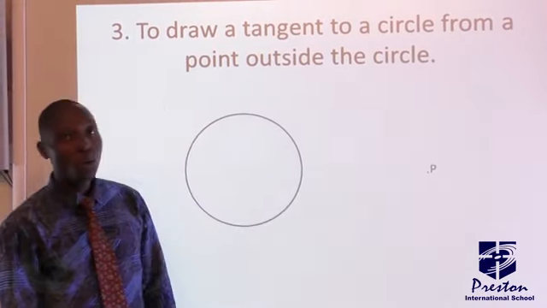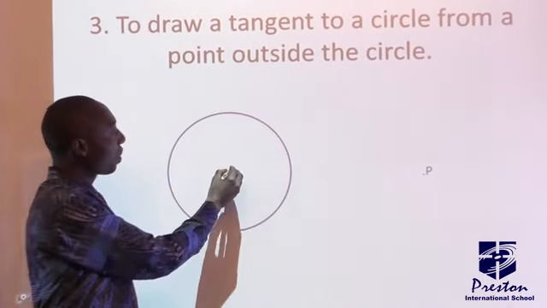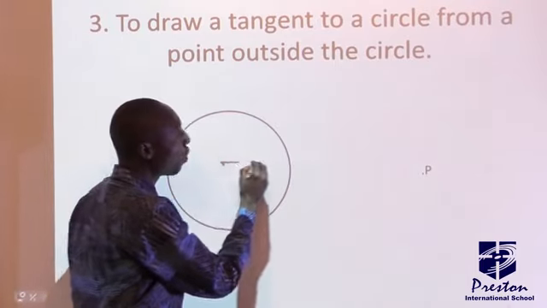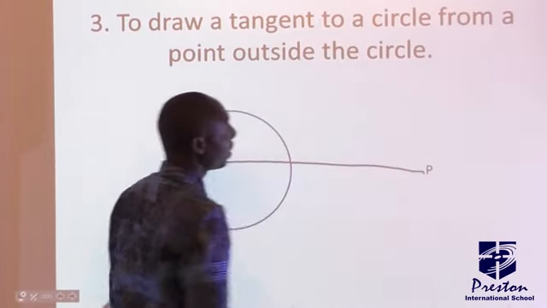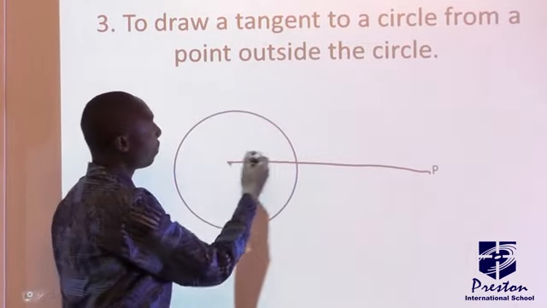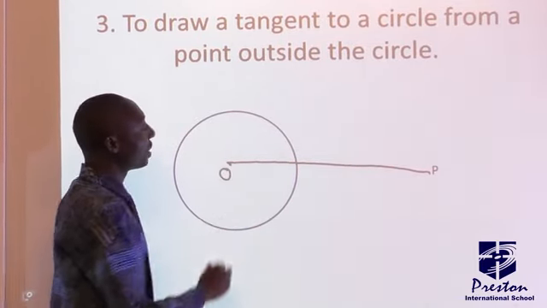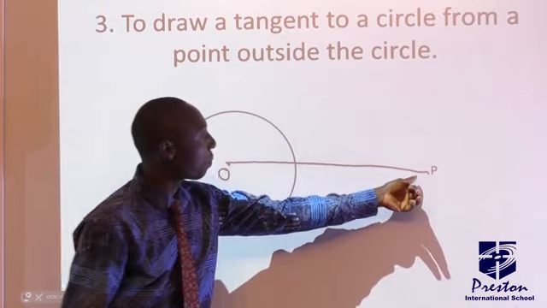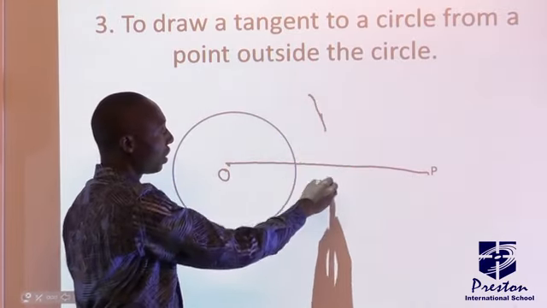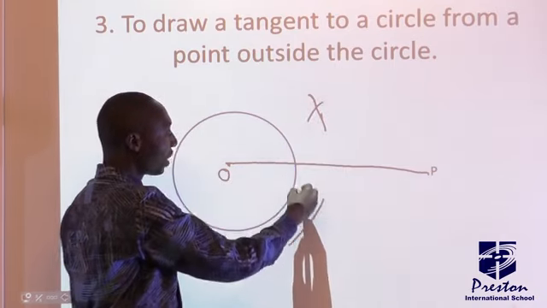But in a situation whereby you want to draw a tangent to a circle from a point outside the circle, what you need to do is locate the center of the circle, then join it to that point P. So after joining it, you bisect the line between the center of the circle and the point. You are all familiar with how to bisect.